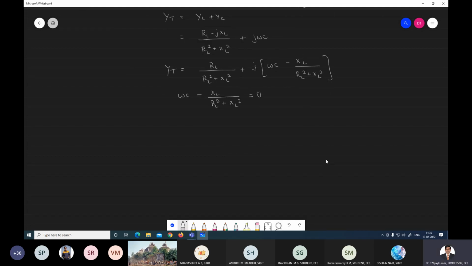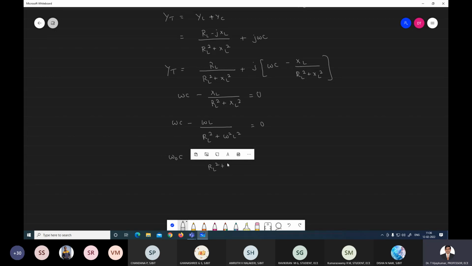Rewriting, that is omega C minus omega L, since XL is omega L, divided by RL square plus omega square L square, equal to 0. Because we are calculating resonance, we take omega naught instead of omega: omega naught C minus omega naught L divided by RL square plus omega naught square L square is equal to 0.